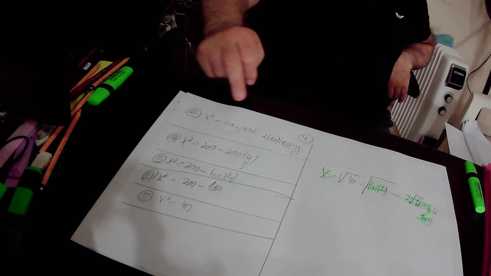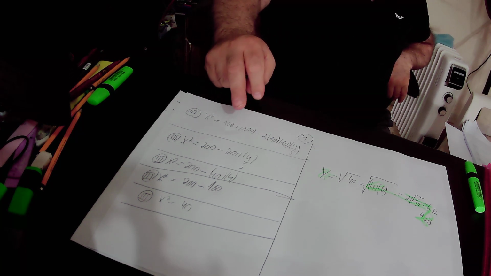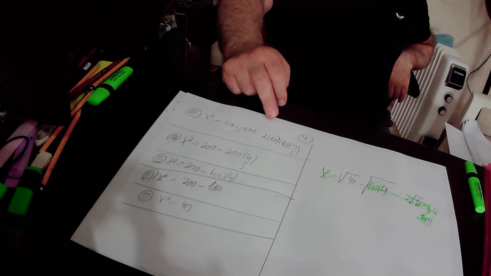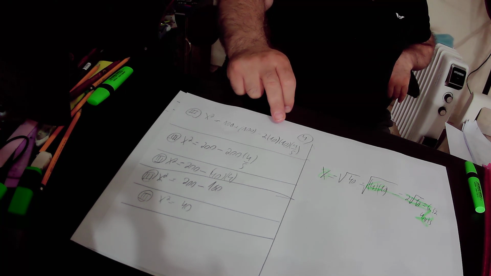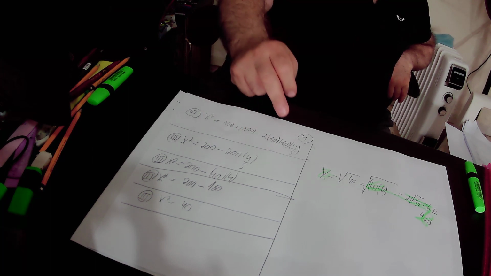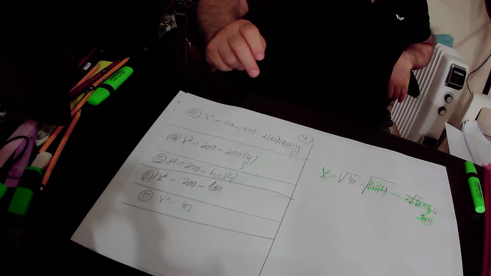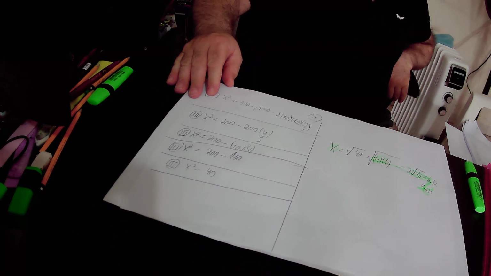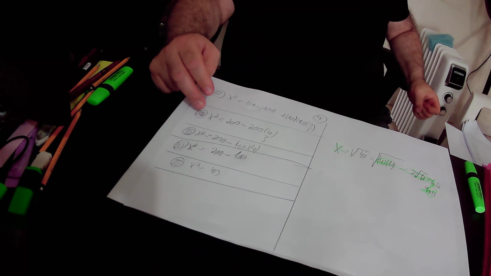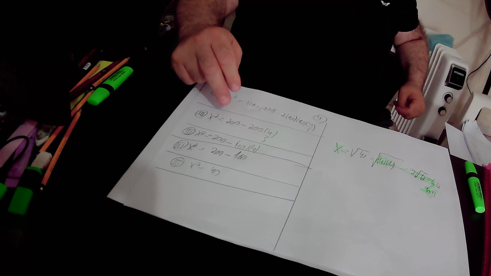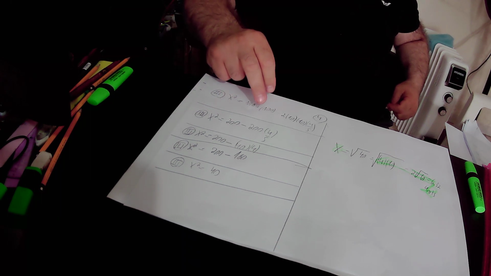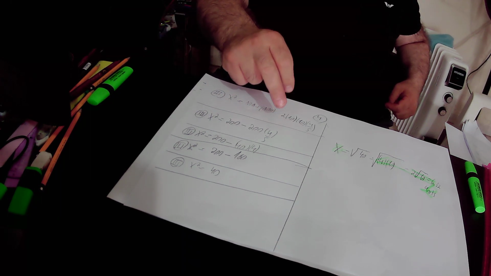So x squared equals 100 plus 100 is 200, and here we have minus 2, 10 times 10 is 100. 100 times minus 2 is minus 200 times 4 over 5. So according to this equation number 3, x squared equals 200, and here minus 200 over 5 is minus 40.